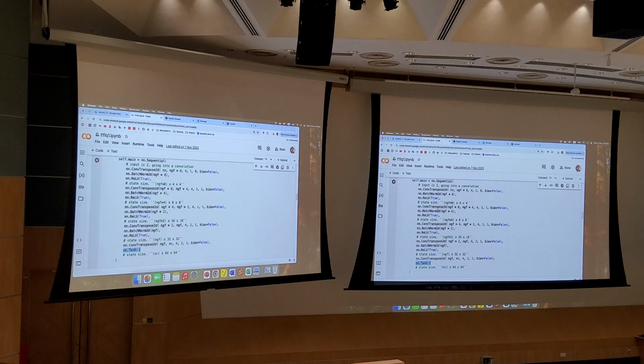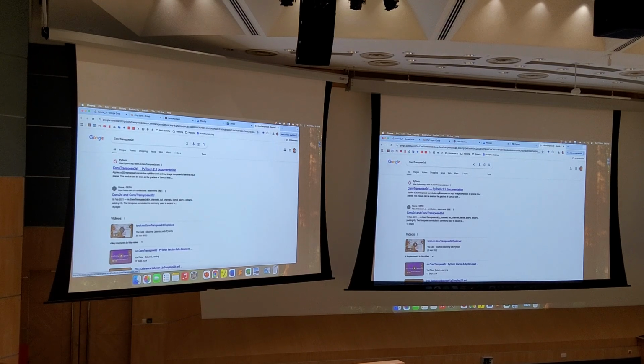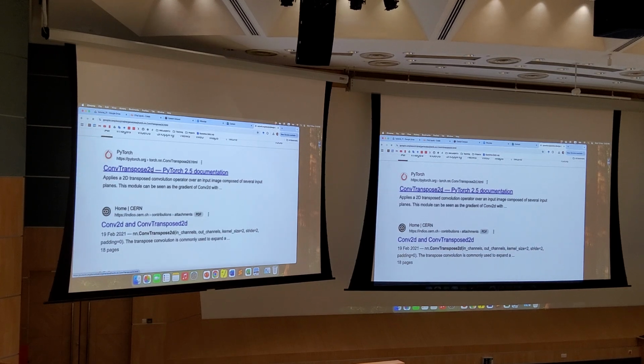It will be easier later when we print out the architecture, and you will see how these numbers turn into the actual design of our model. If you check this ConvTranspose2d, I will just copy and paste it here. You can search it in the PyTorch documentation.